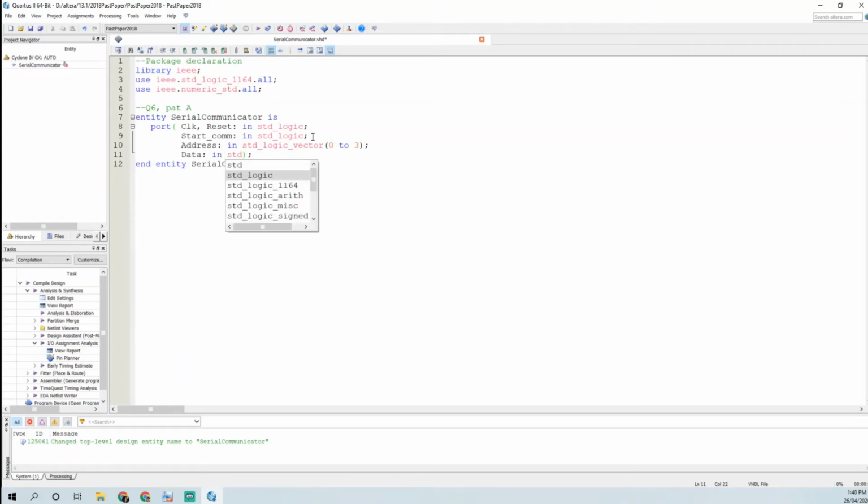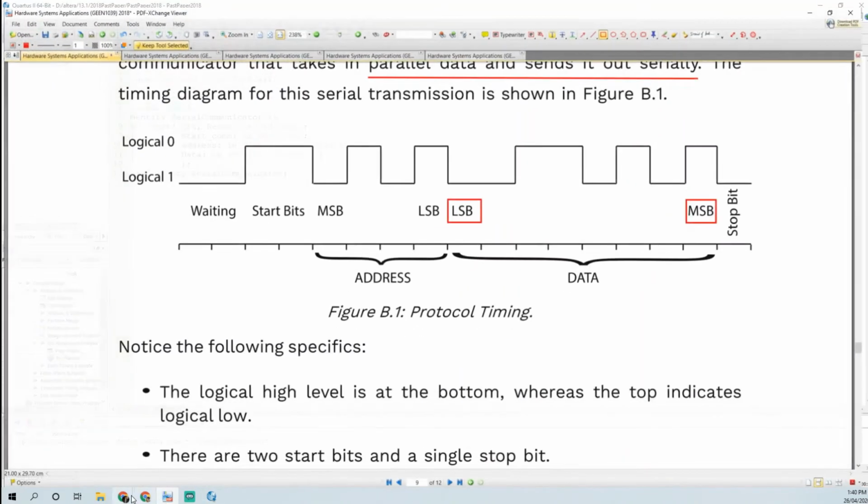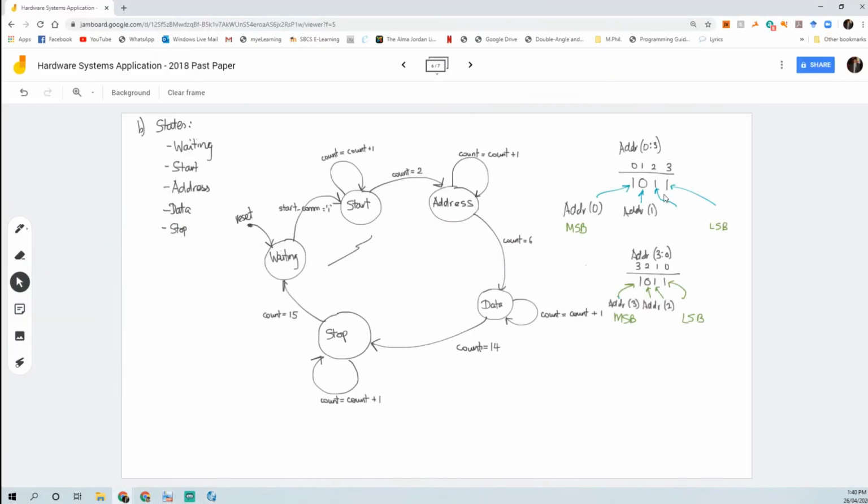The data input follows a similar train of thought, in that I would like to send out the least significant bit first, up until the most significant bit. However, remember the least significant bit is always the rightmost one, but I'm still using the counter that is constantly incrementing to index that 8-bit wide data vector.